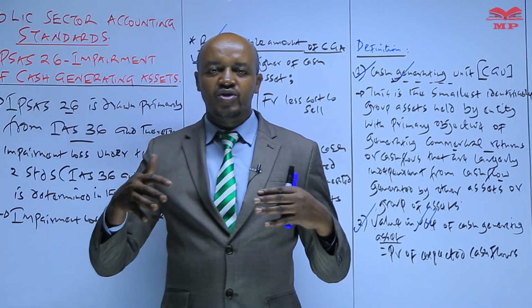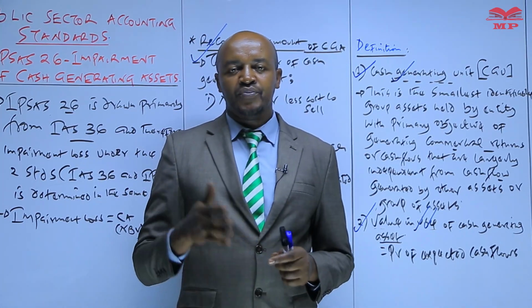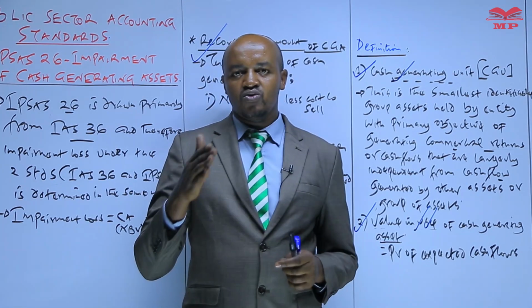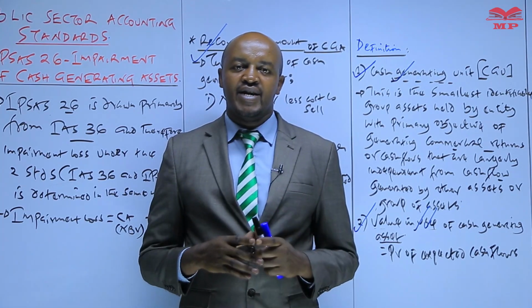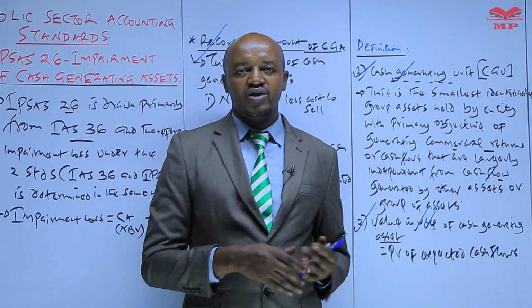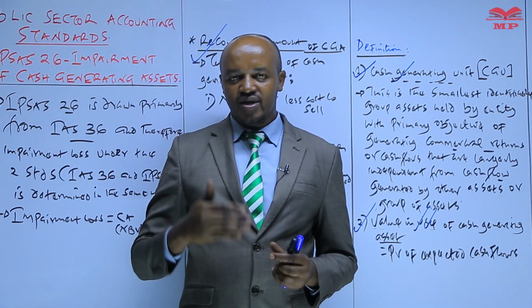And actually, we don't have any question tested from this particular standard whereby the examiner required candidates to compute the impairment loss under IPSAS 26. The questions which are usually tested are under IAS 36.